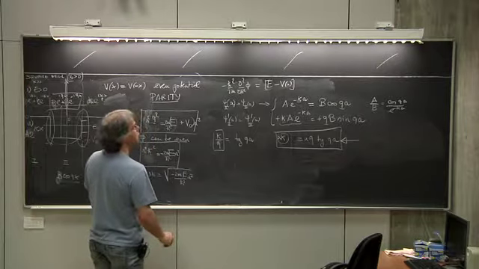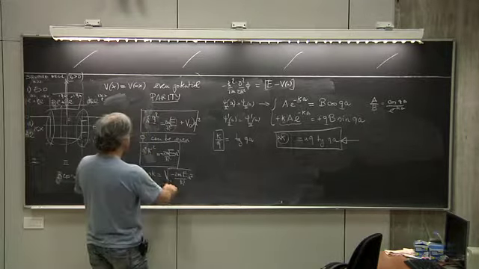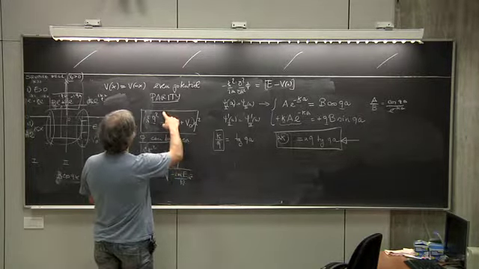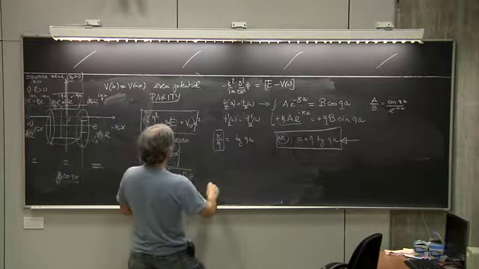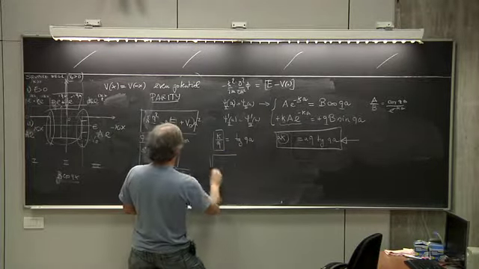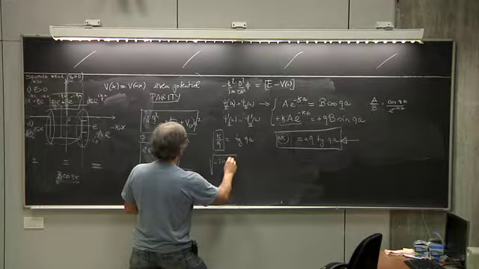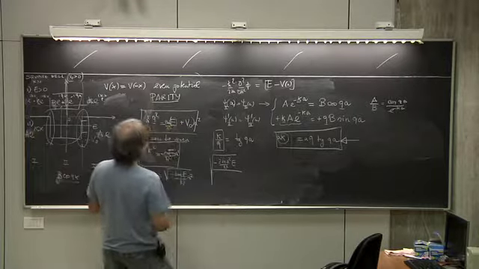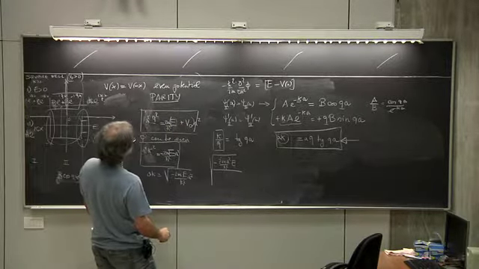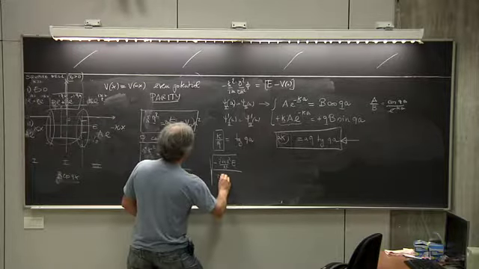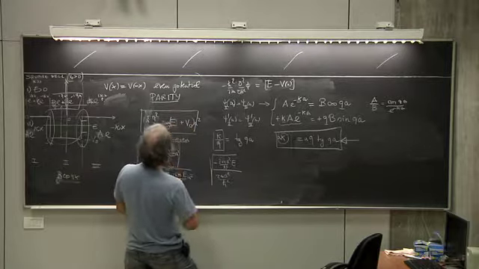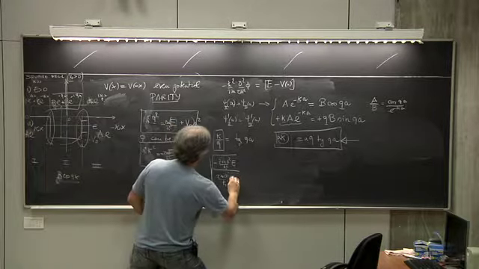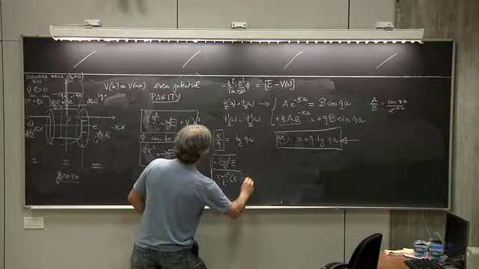This is equal to this divided by the square root of this. So it's the square root of minus 2m a square over h bar square e, divided by 2m a square over h bar square, e plus v0.